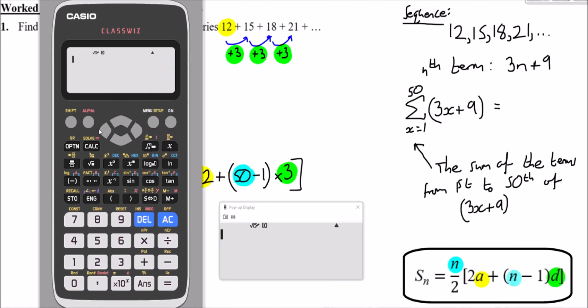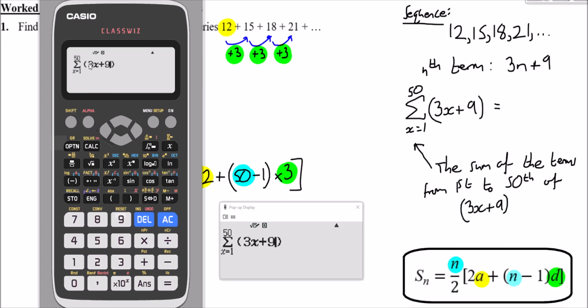So if we go and press Shift X, we want to go from the first term up to the 50th, and the nth term of a sequence, in terms of x, is 3x plus 9. So for example, when x is 1, 3 times 1 plus 9 is 12.